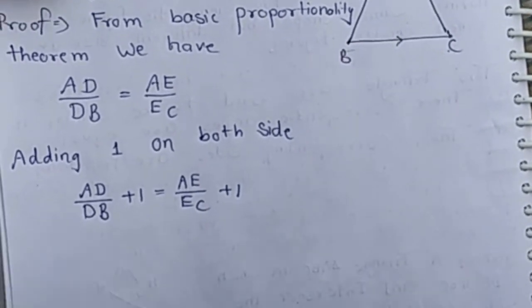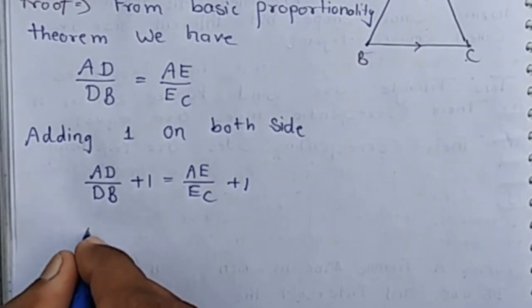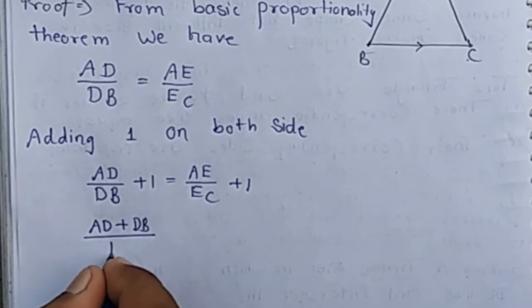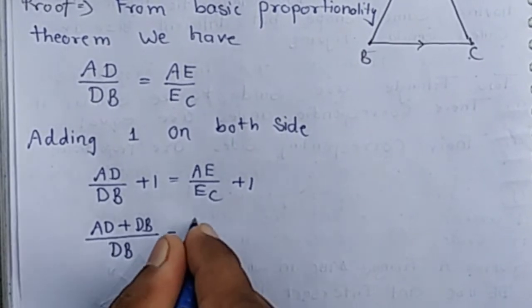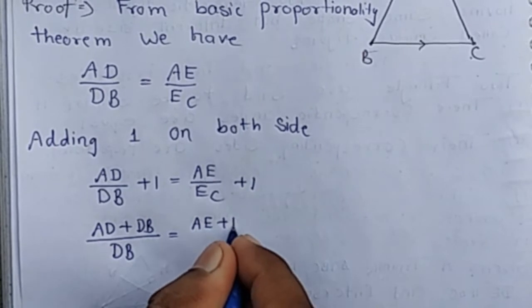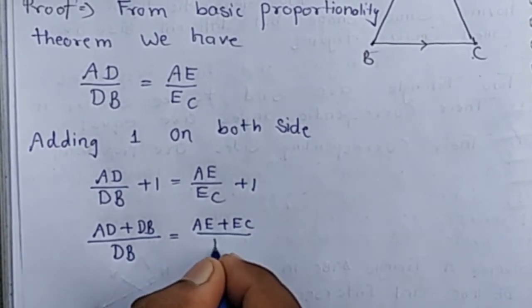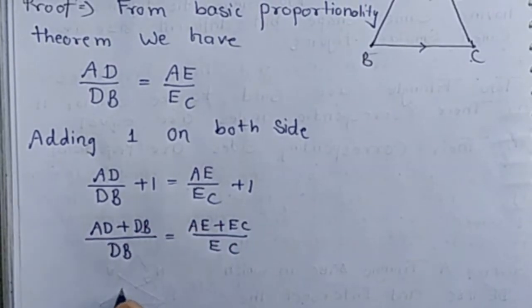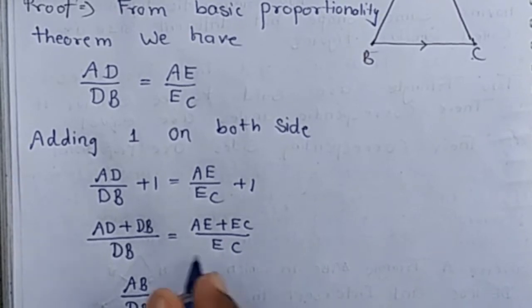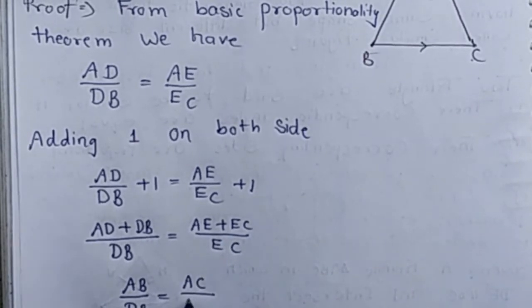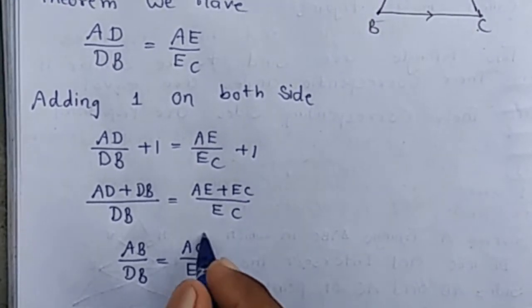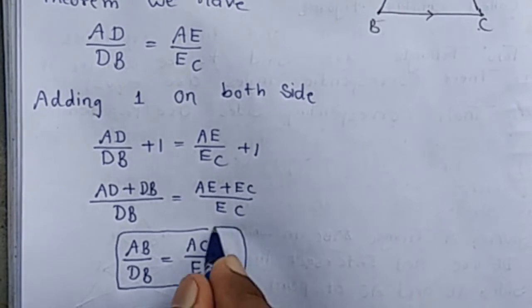Now taking LCM, we have AD plus DB by DB is equal to AE plus EC by EC. AD plus DB is AB, so AB by DB, and AE plus EC is AC, so AC by EC. It is the proof of the second corollary.